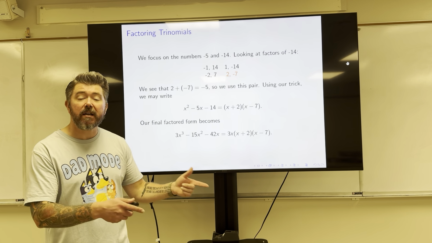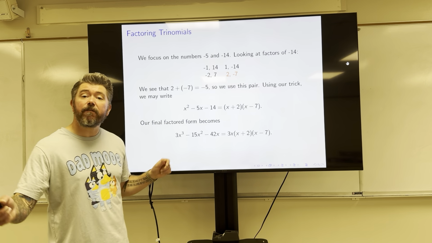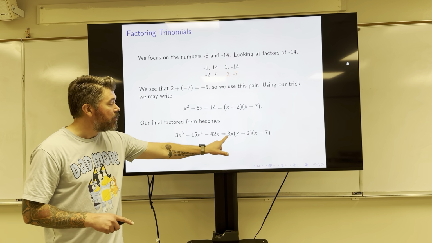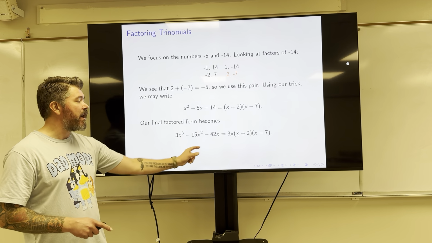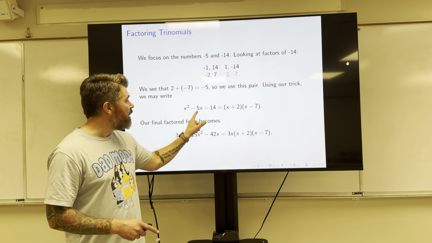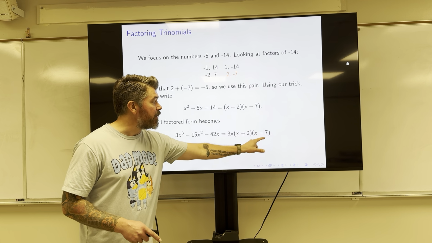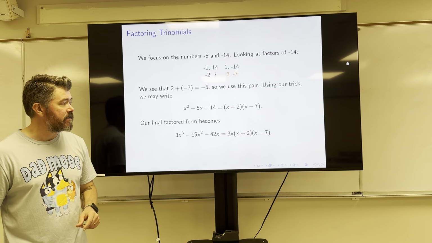Because remember, plus a minus stays minus. But don't forget the original problem. We had that original greatest common factor. So this trinomial factors as the greatest common factor, and then how we factored the leftover, which was a trinomial, x plus 2 and x minus 7.